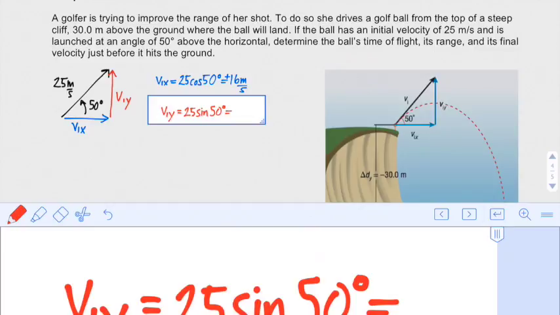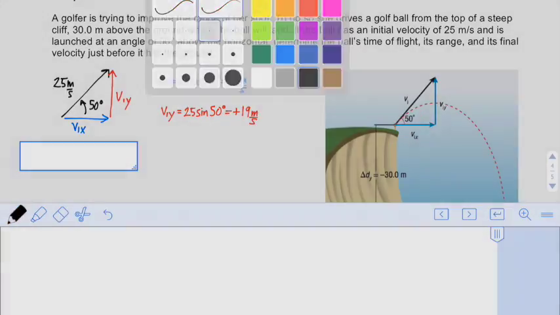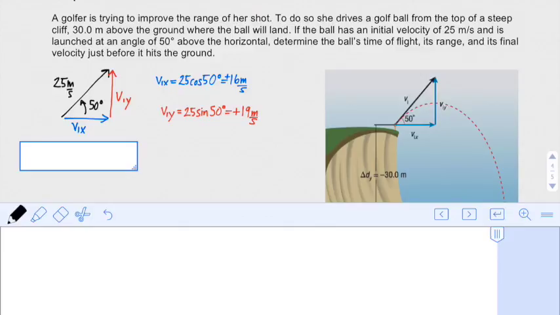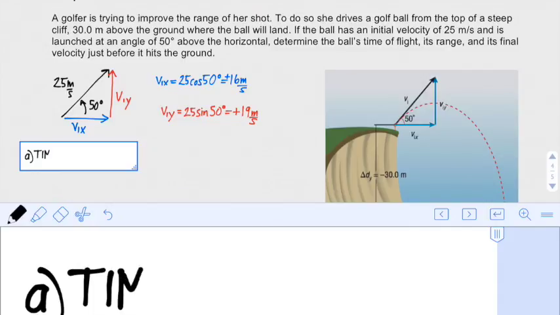To two significant digits, this becomes plus 19 meters per second. Now that we've found the x and y components, we can attempt to answer the question. In the first part of this question, they ask us to find the time of flight.